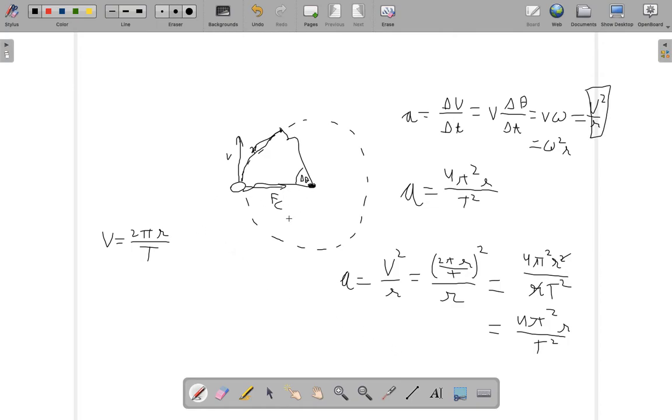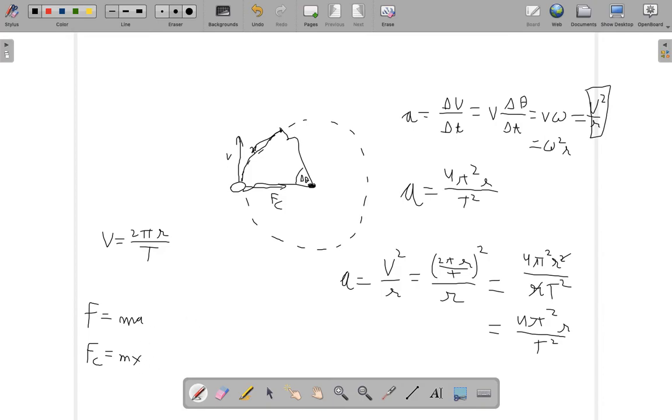Now centripetal force is the force towards the center of the circle, and using force equals mass times acceleration, we can tell that the centripetal force in this case is going to be equal to the mass of the object that's traveling in the circle times centripetal acceleration.